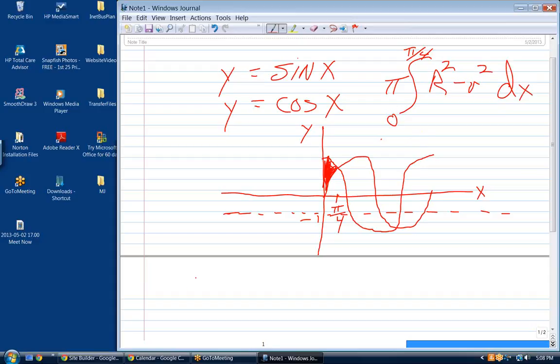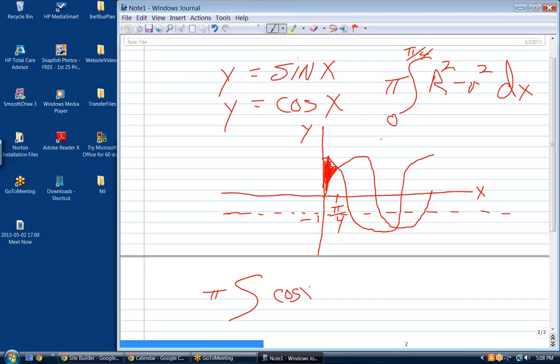So this becomes pi times the integral of cosine x plus 1, squared, minus sine x plus 1, squared, dx.